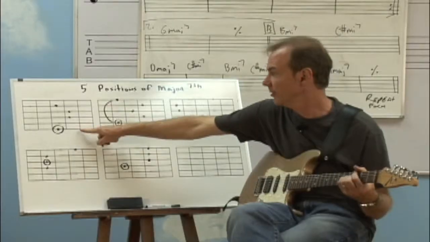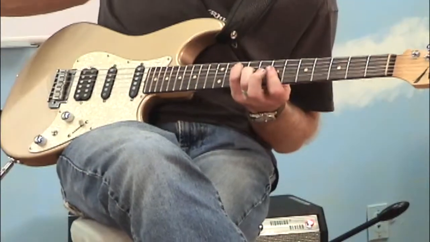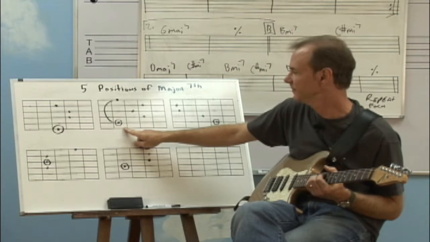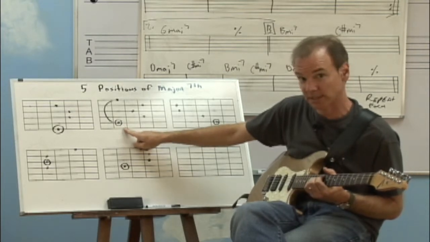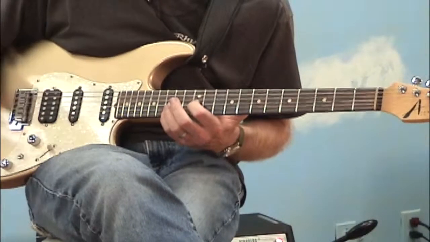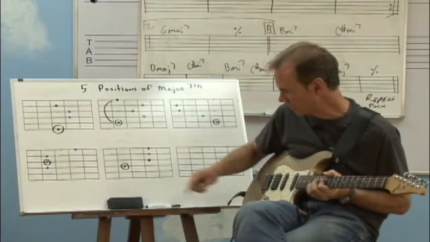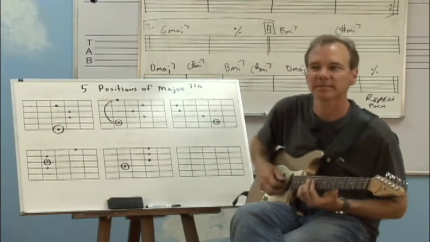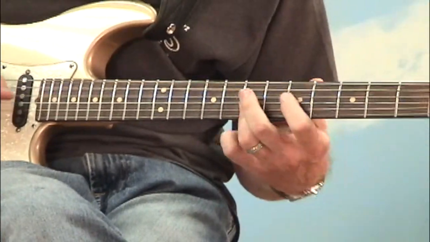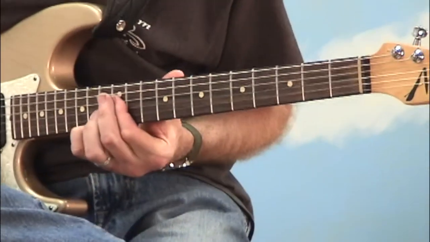So this one right here, next one here, next one here, next one here. And then I think by a process of elimination, you know the next one. It's going to be roots right here, roots on the 3rd string, the major 7th on the top makes us find this chord. So there's our 5 positions of G major 7.